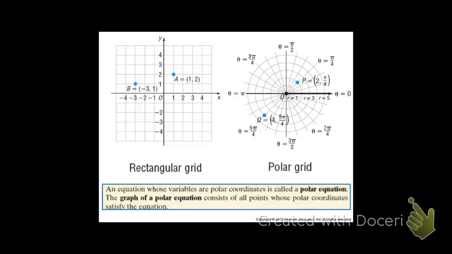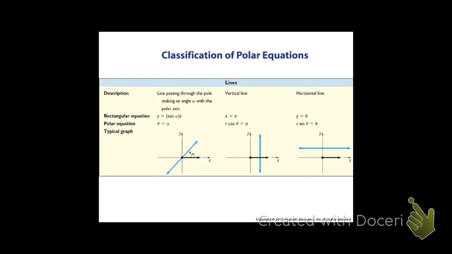Just wanted to review what we've done. We have talked about polar. Chapter 9 is all about applying what you've learned from trig. So we've talked about polar. We dealt with the rectangular grid, the polar grid, going from rectangular to polar coordinates, and we talked about the different polar graphs: straight line, diagonal, vertical, and horizontal.